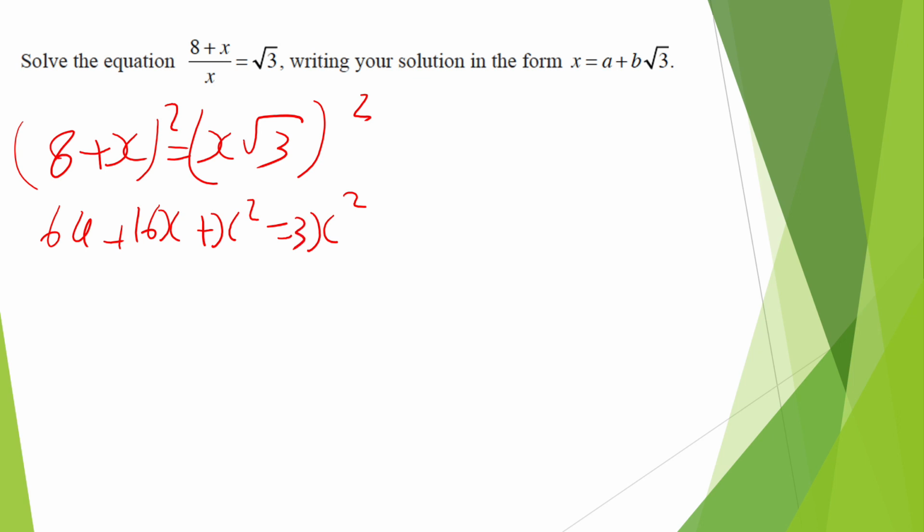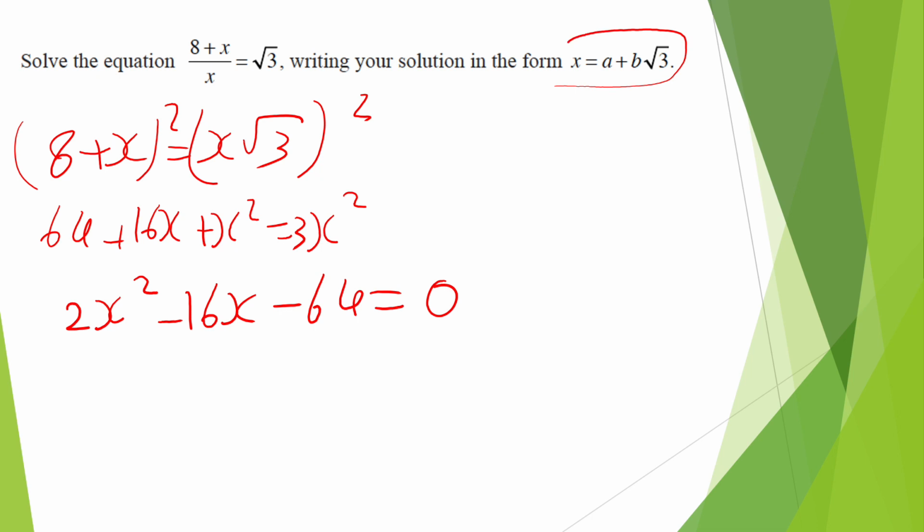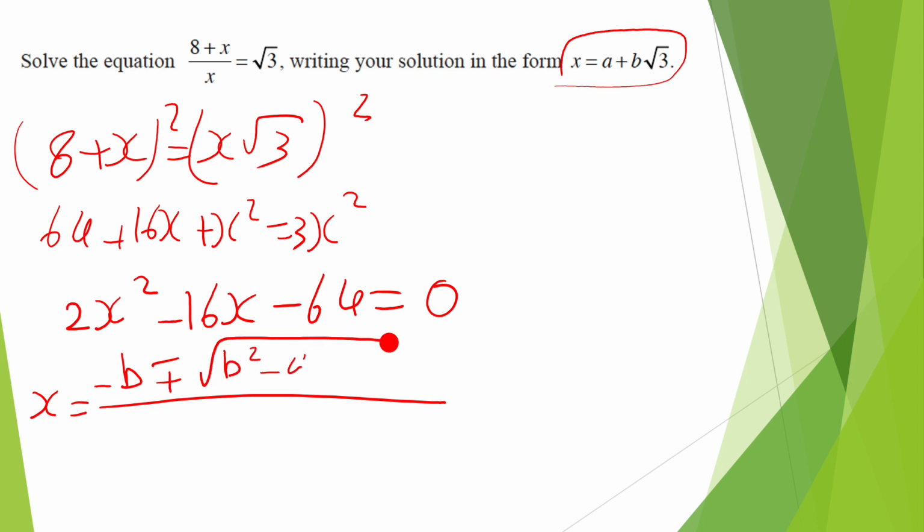And now I have a quadratic, so I would rearrange everything. So I've got 2x squared minus 16x minus 64 equals 0. And then I would use the quadratic formula, because I need to write the answer in this format. So I'll use the quadratic formula: x equals negative b plus or minus square root of b squared minus 4ac, over 2a.